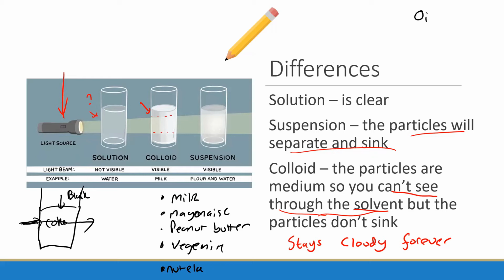Oil, now someone said oil. Oil is a solvent, not even a solution, because it doesn't have anything in it. Someone then said chili oil. Now that would be a solution.